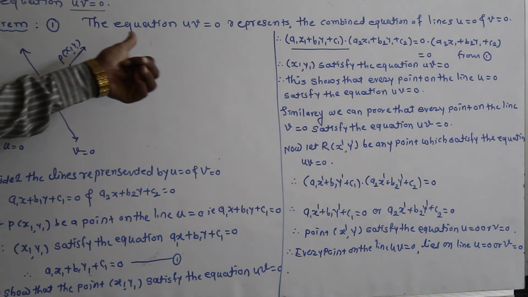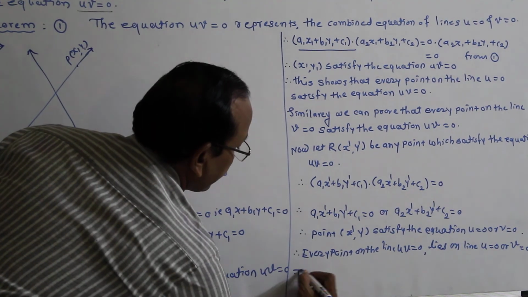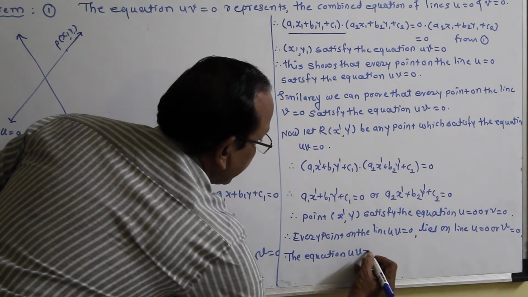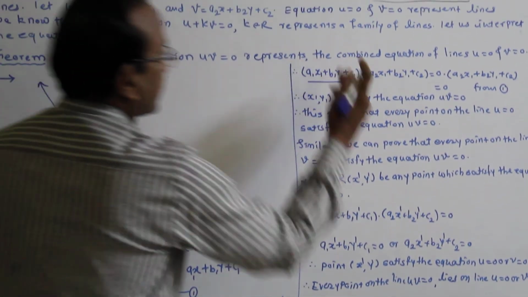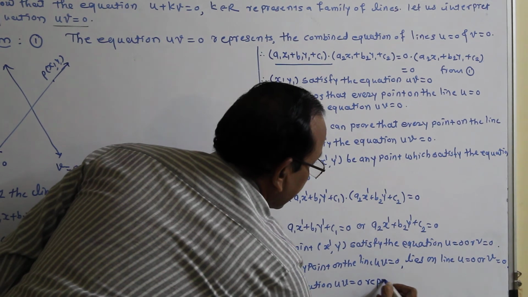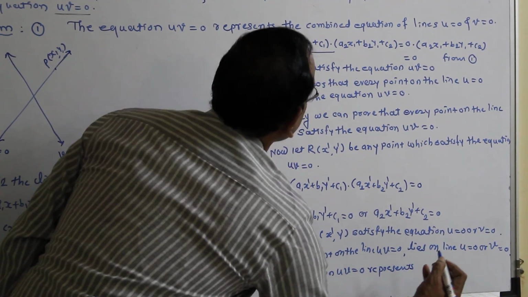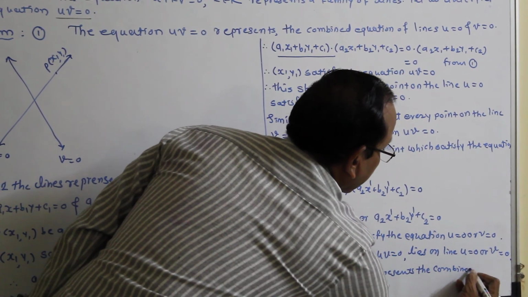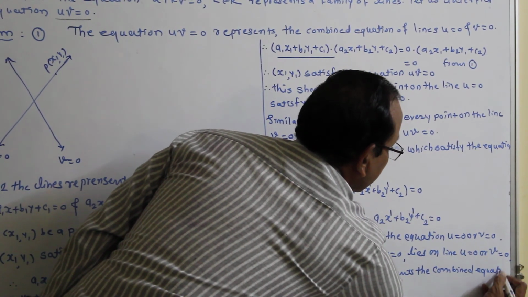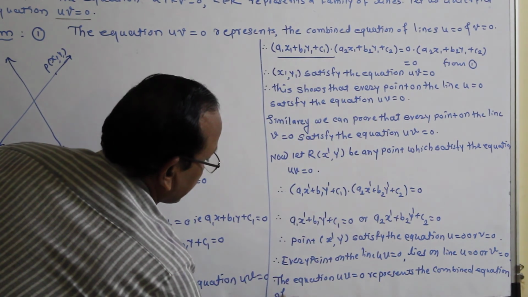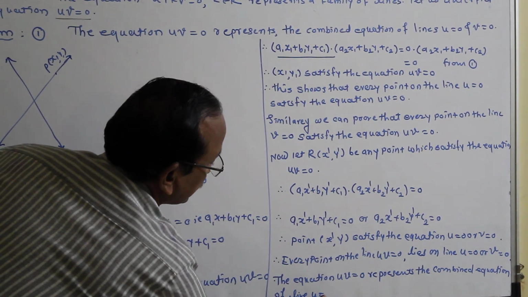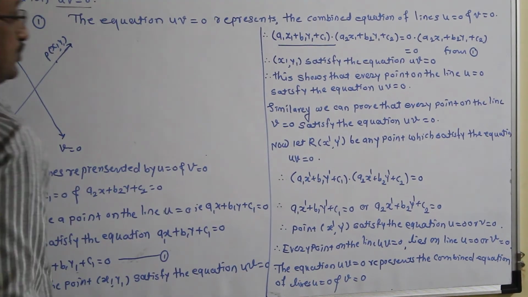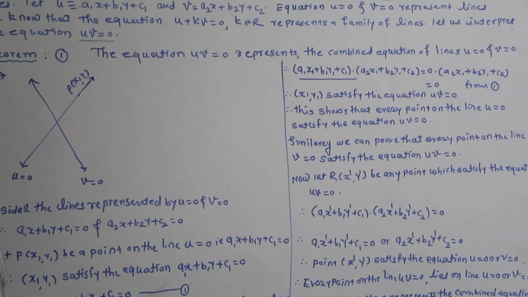Therefore the equation uv equals 0 represents the combined equation of the lines u equals 0 and v equals 0. So in this way we have completed this theorem.